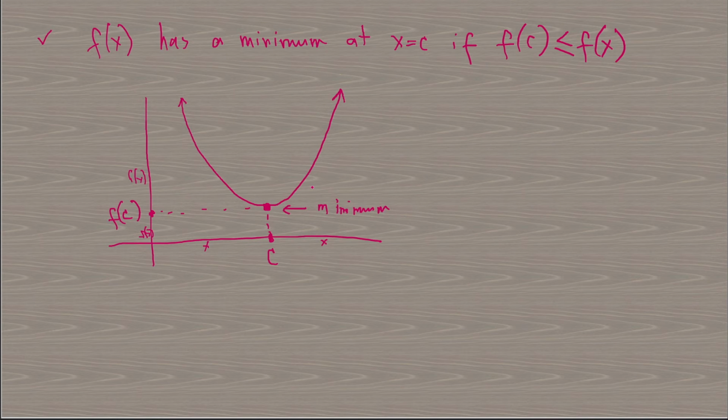Some functions do not have a maximum and minimum. In what case can we say that a function does not have a maximum and minimum? This is a special note: some functions do not have a maximum and a minimum.